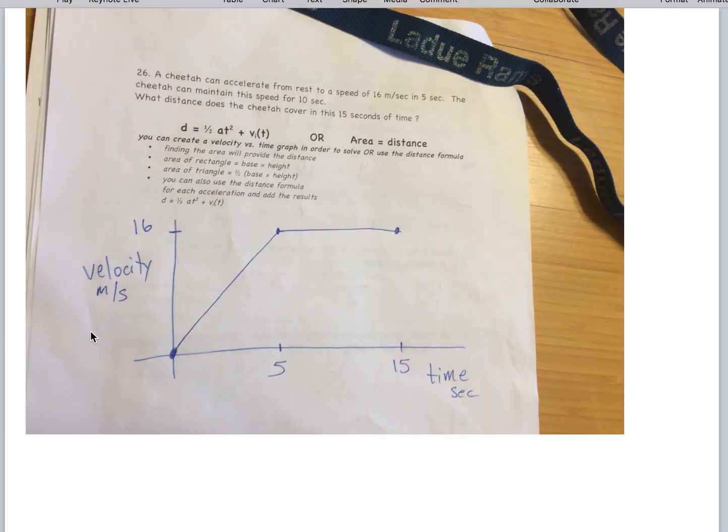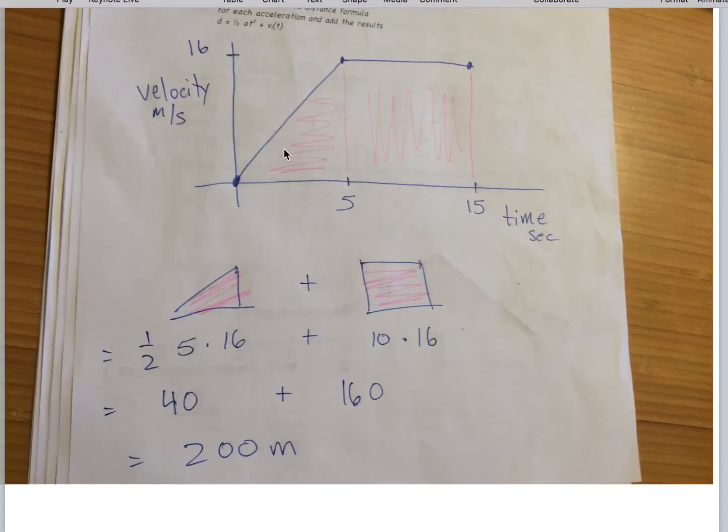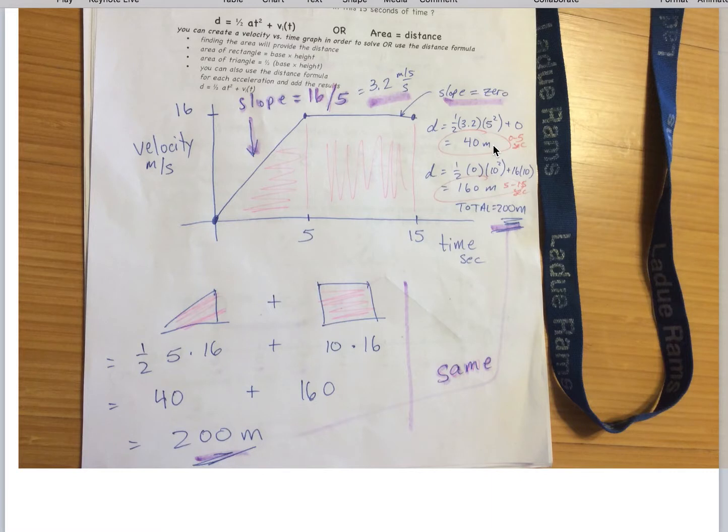You can connect those points. And then that's a simple one to find the area for. So you got a triangle there, a rectangle there, find the area. And the rule is the area between your line and the x-axis. You also could use distance formula. So remember, your slope is what provides the acceleration.